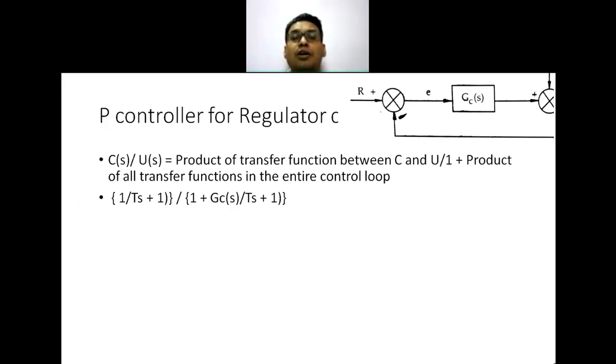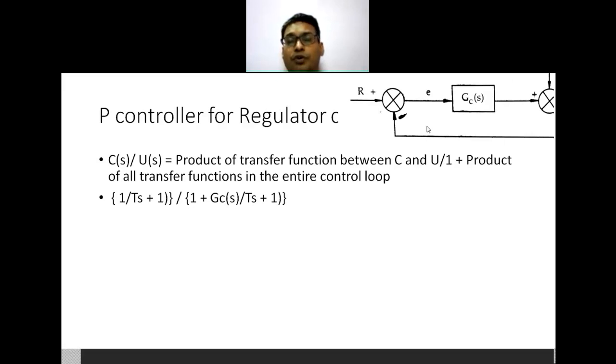It is the study of the response of the controlled variable to a load variable, that is C/U. While reducing the block diagram, the transfer function for the overall system, C(s)/U(s), is equal to the product of transfer functions between C and U upon 1 plus the product of all transfer functions in the entire control loop.